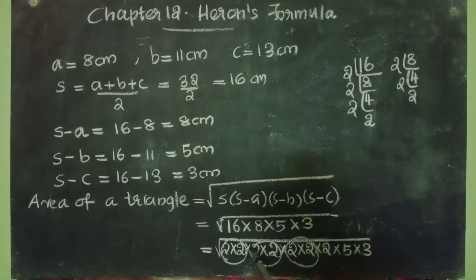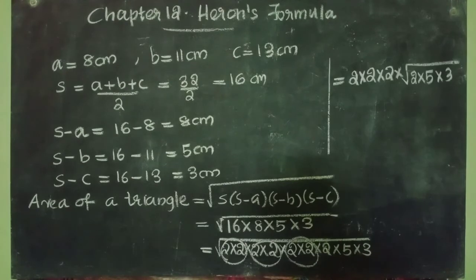The numbers with pairs we can take outside of the square root sign. How are we taking it outside? Here there are two 2's. We will take only one 2 outside of the square root sign. So here we got 3 pairs of 2's, so we took three 2's outside.